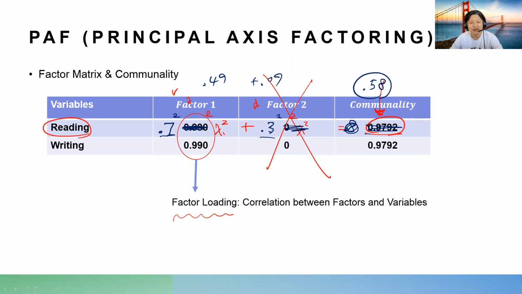How can we interpret this? If the communality is 0.58, I would say 58% of the variance in reading could be explained by factor 1 and factor 2. In this case, factor 2 had some factor loadings, right? So two factors contribute to the communality of the variable.